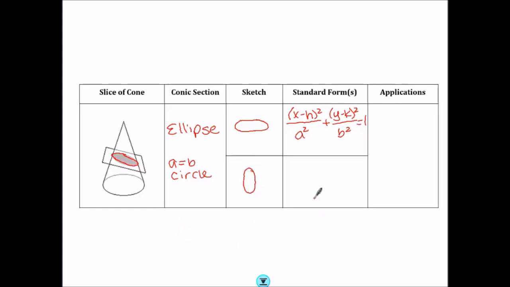And the equation for a vertical ellipse is almost identical, except that a and b switch places. So we have x minus h squared over b squared plus y minus k squared over a squared equals 1. And in this case, a is always bigger than b for both forms.